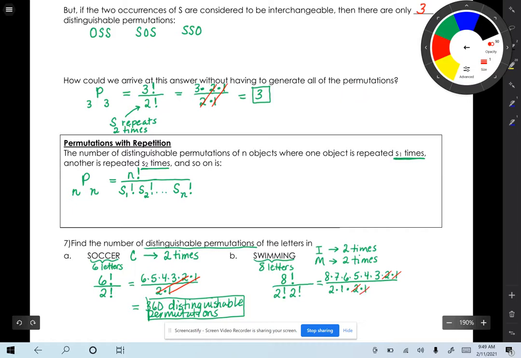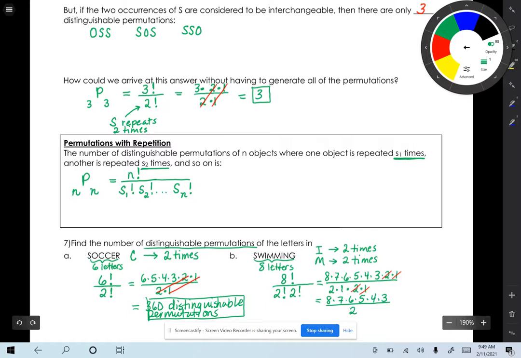And so we're left with 8 times 7 times 6 times 5 times 4 times 3 divided by 2.